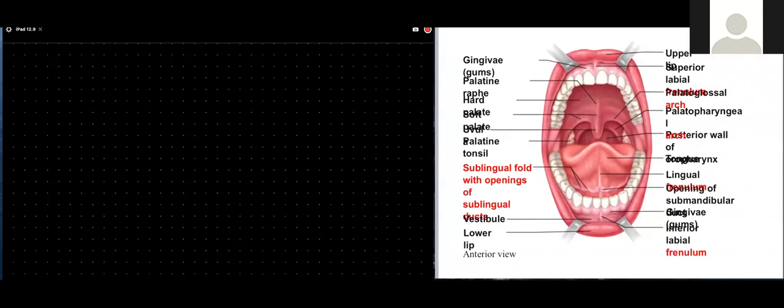An anterior view of the oral cavity, what you see here is going to be the palatine raphe of the hard palate. The posterior part is going to be the soft palate.